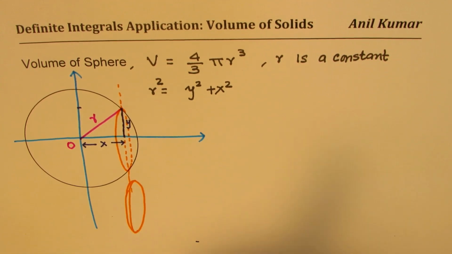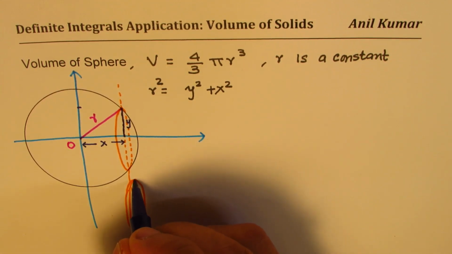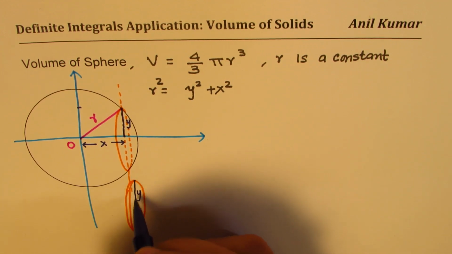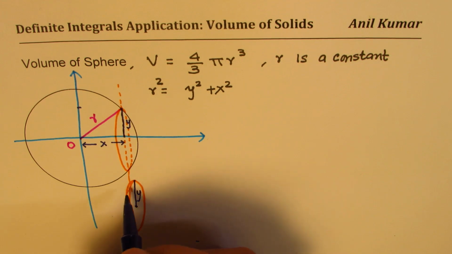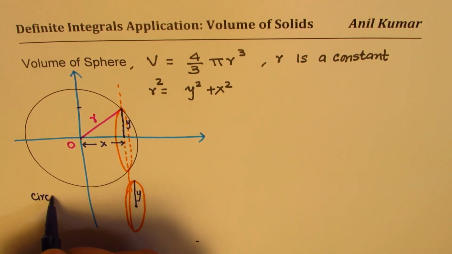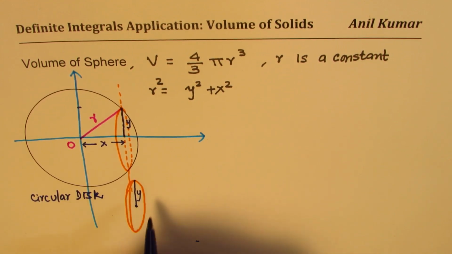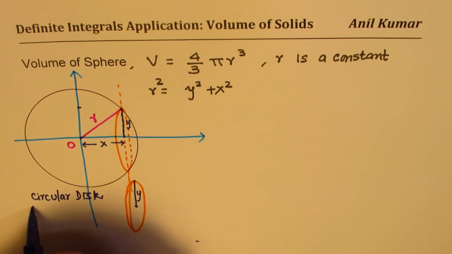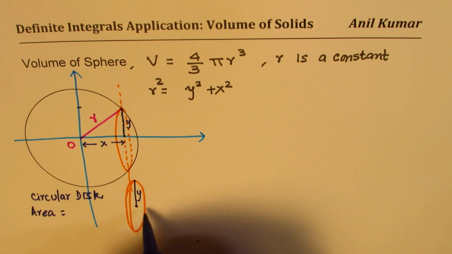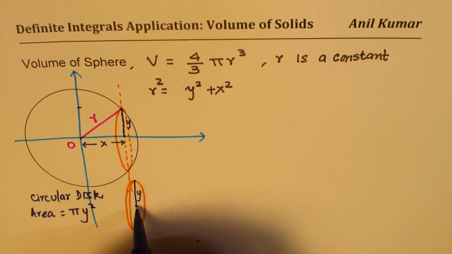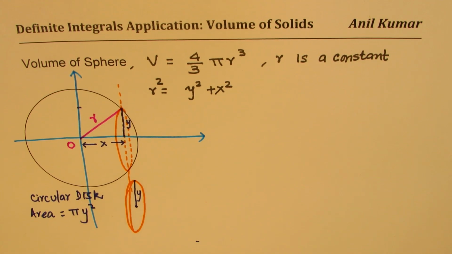Now, as shown here in the figure, y could be the radius of this circular disc, right? So what we have here is a circular disc. Here, the radius is y, right? So area of this disc is how much? Area, since it is a circle, will be pi y square, since y is the radius of this. Correct?